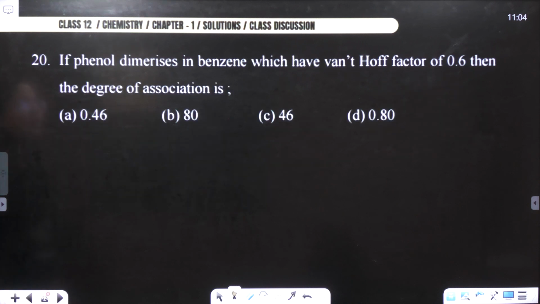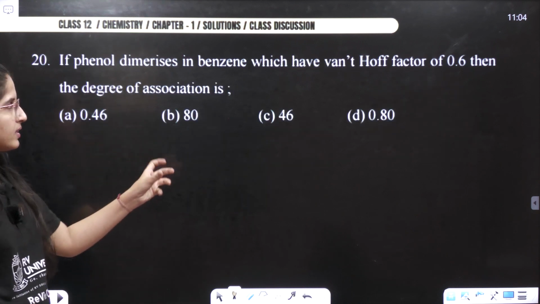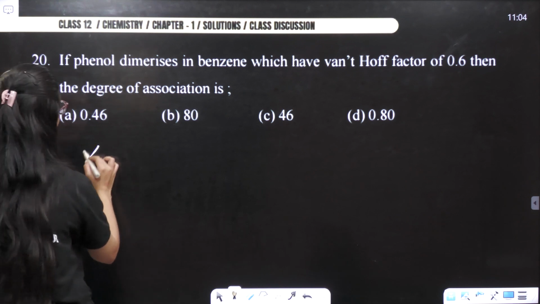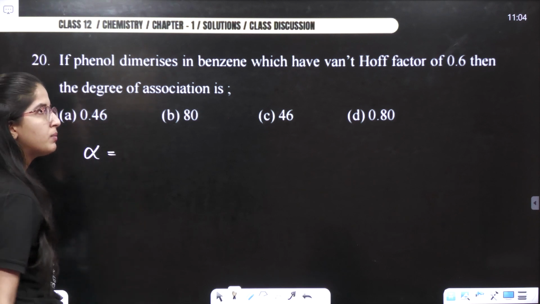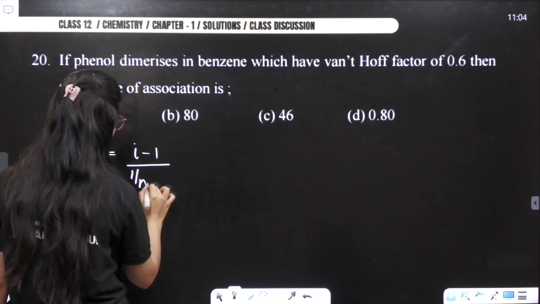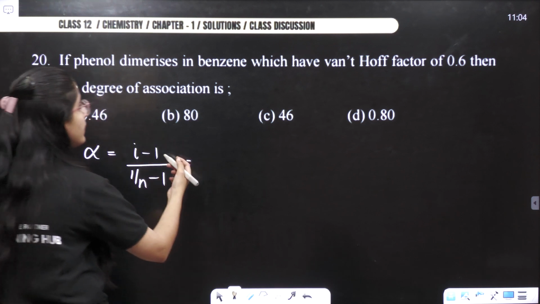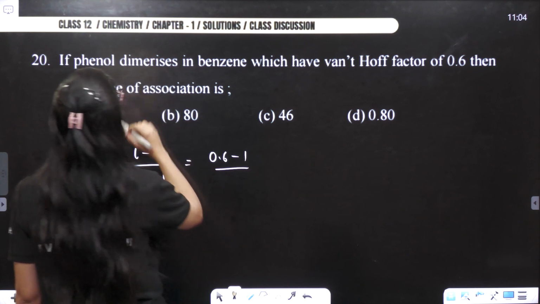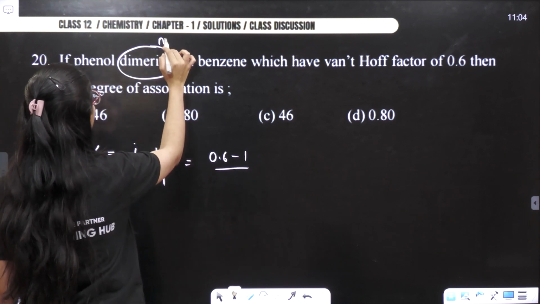Next question. If phenol dimerizes in benzene, which will have a van't Hoff factor of 0.6, then what will be the degree of association? Degree of association will be equal to (i minus 1) divided by (n minus 1). So i minus 1 is 0.6 minus 1, divided by n minus 1, and n value is 2 since it is dimerizing.